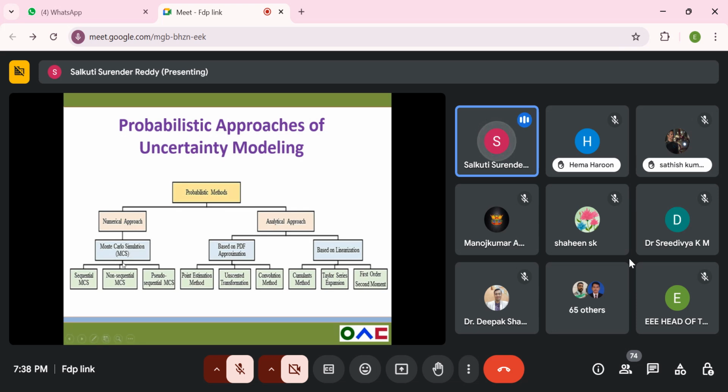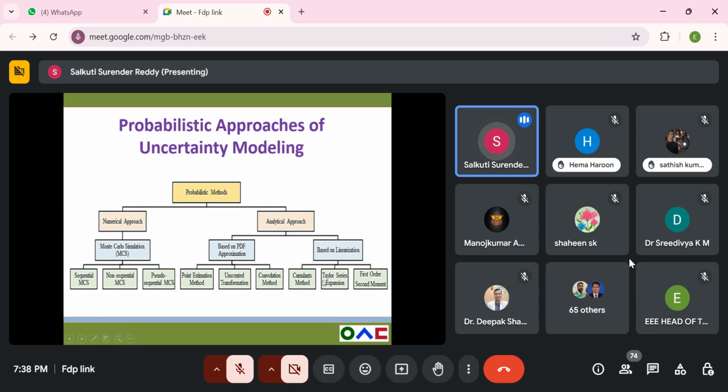Monte Carlo simulation has different variants: sequential, non-sequential, and pseudo-sequential. These Monte Carlo simulation methods are going to give you a better result. But the main problem with them is that they require a lot of data and a lot of time to get the result. To overcome this disadvantage, we use analytical approaches where we use some kind of probability density function approximation.